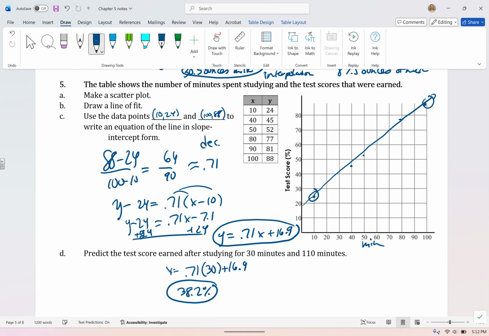If he studied 110, and then plus 16.9, we're going to get 95%. So this is a positive correlation because in general, as he studies more, his grade goes up. And then also, you can do interpolation or extrapolation, depending on if you want to predict within the graph or outside of it. All right. That is the end of my lesson.